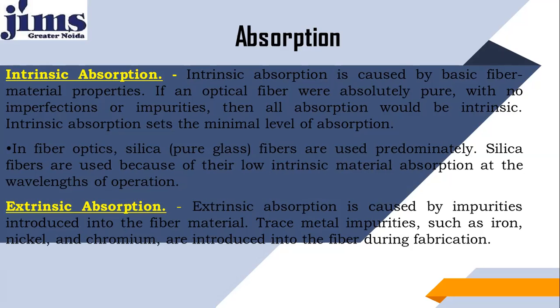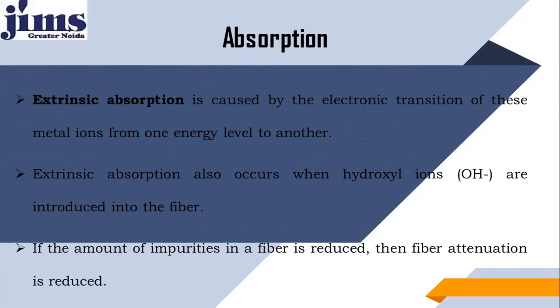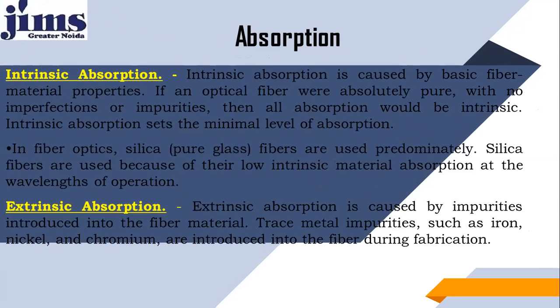And in optical fiber, silica is the base material that is used. Silica means pure glass because optical fibers are made from glass, or sometimes a mixture of glass and plastic. So silica is to be there. But the good thing is that silica offers very low absorption. Silica is considered to be a very low intrinsic material absorption at the wavelength of operation.